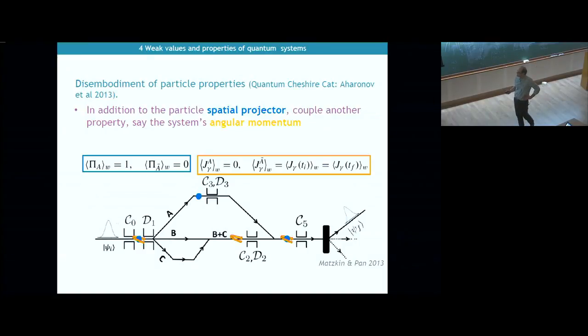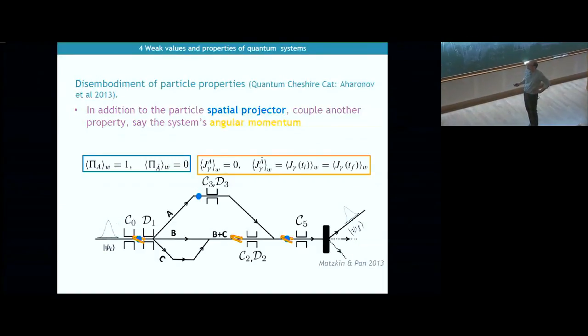And so basically the image is that a weak pointer here sees the spatial wave function, but if, instead of the spatial wave function, you couple the pointer here to the angular momentum, you will see no change in that pointer, and so you will deduce there is no angular momentum there.